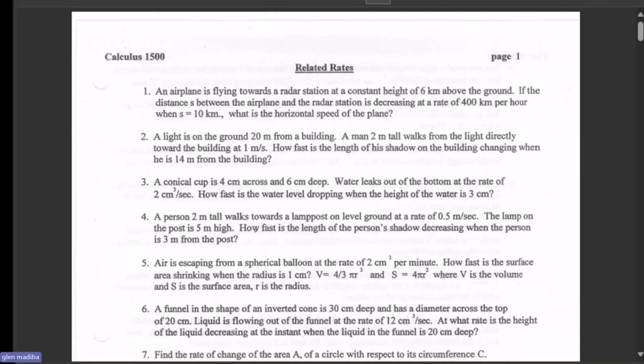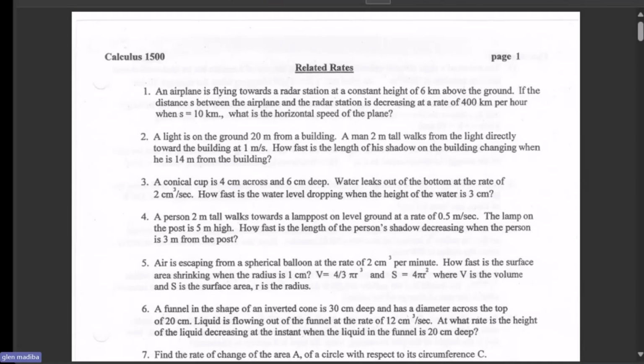If the distance S between the airplane and the radar station is decreasing at a rate of 400 kilometers per hour, when S is 10 kilometers, what is the horizontal speed of this plane?